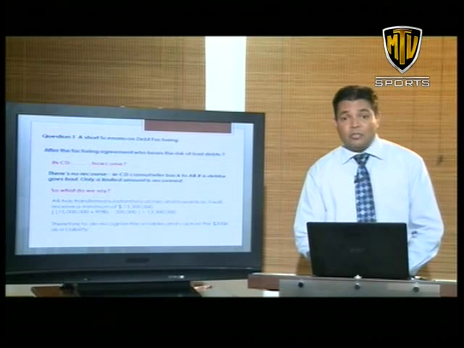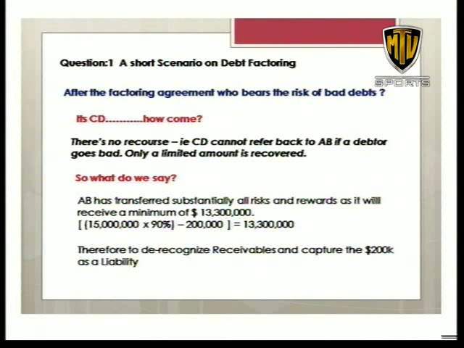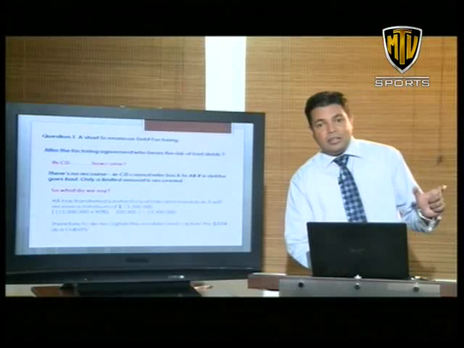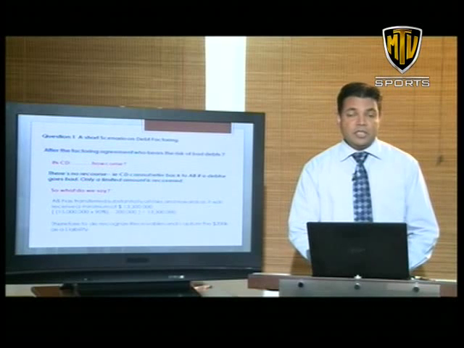Let's say the debtor's balance was 10 million and the factor gave us 9.8 million. We can recognize the 9.8 million in the bank, get rid of our debtor's balance of 10 million, and the difference of 200,000 is our finance charge. Done.